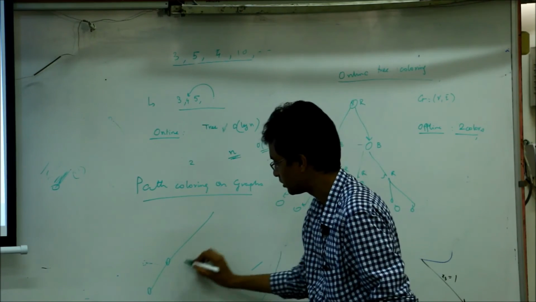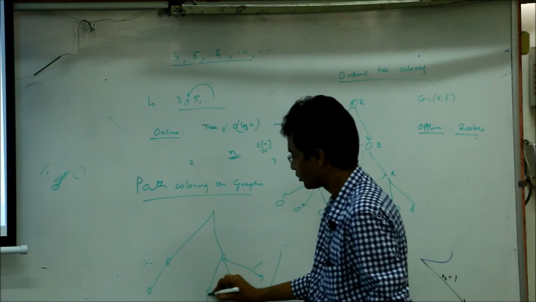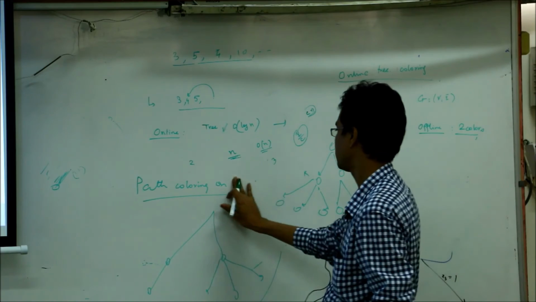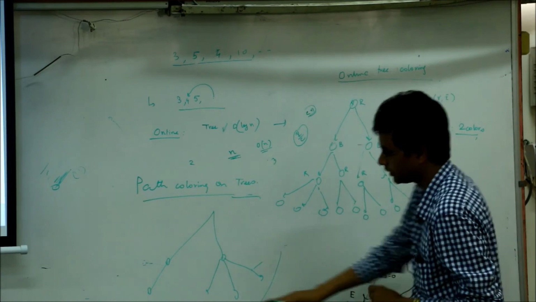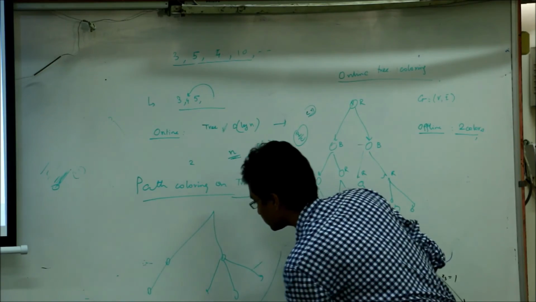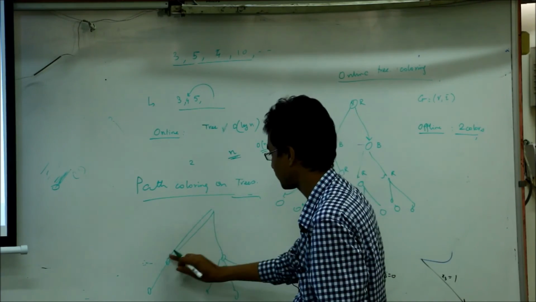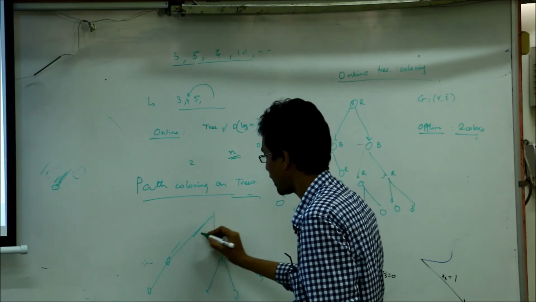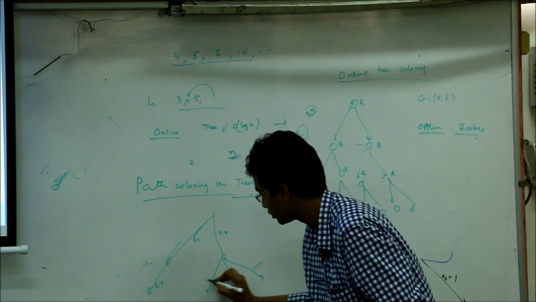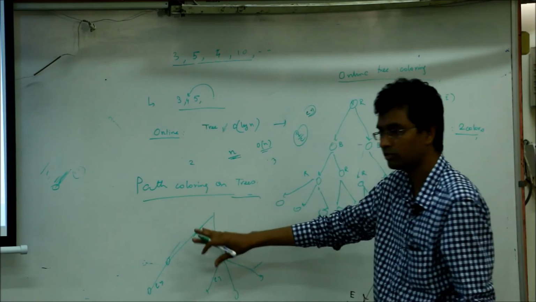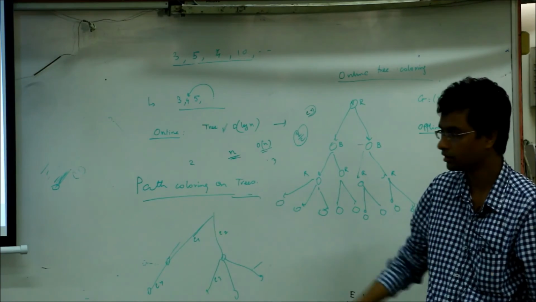Right now assume that the graph is a tree, path coloring on trees. You are given a tree and every edge of the tree has some capacity which may be unequal. So C1 is there, maybe this is C2, this is C3 and so on. So the capacities of the edges are different.